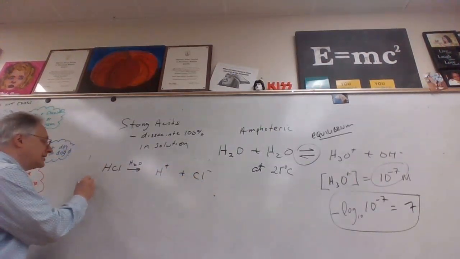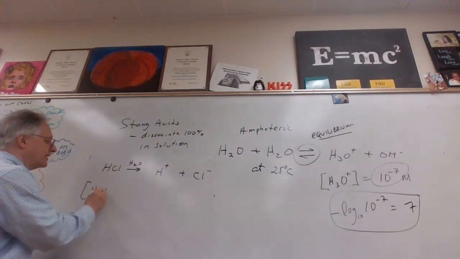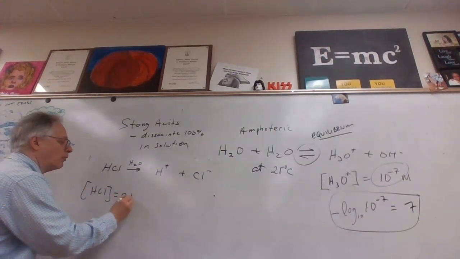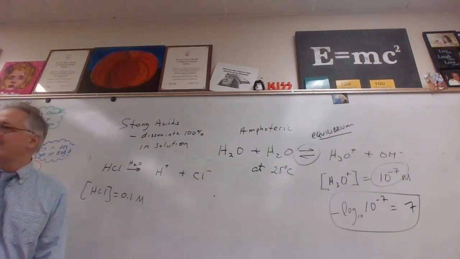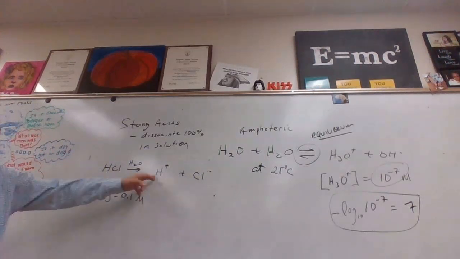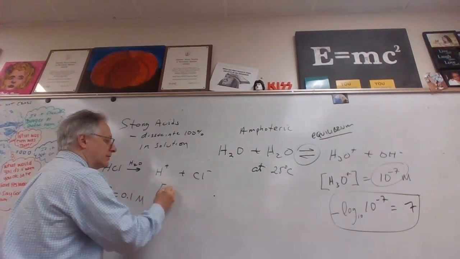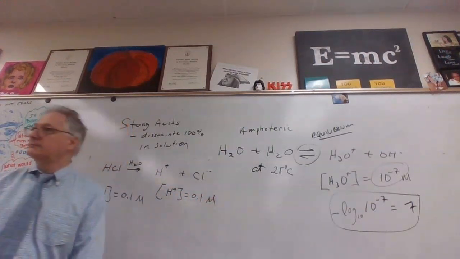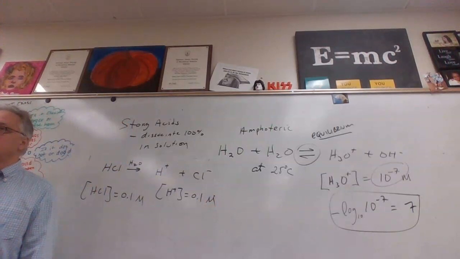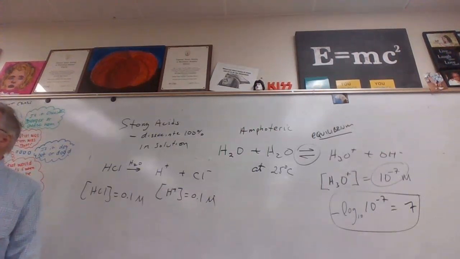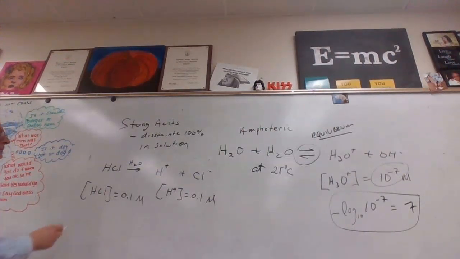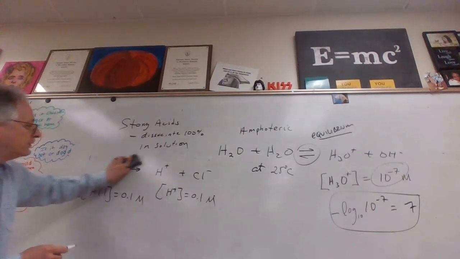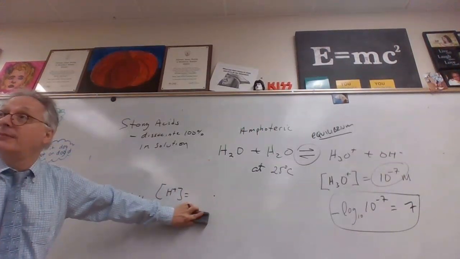So if I say the concentration of HCl is 0.1 molar, that's the same thing as saying the concentration of hydrogen ions is 0.1 molar. Strong bases, something like, oh, let me write here, strong bases, what?